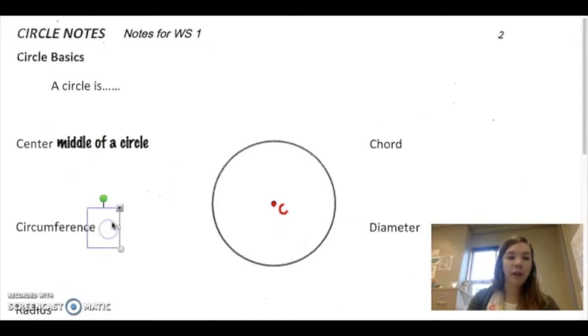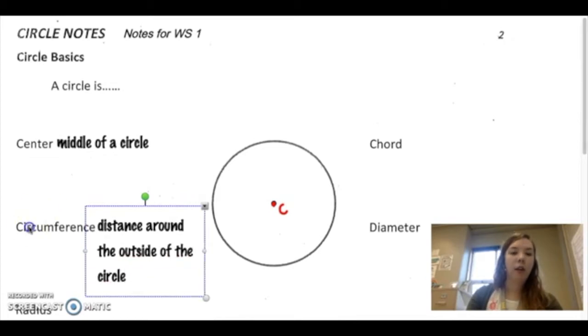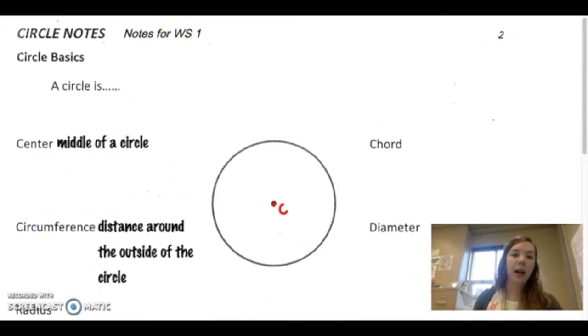Okay, circumference is 2 pi r, which is the distance around the outside of the circle. Okay, and then I'm going to go ahead and add also that that is 2 pi r, or pi times diameter.